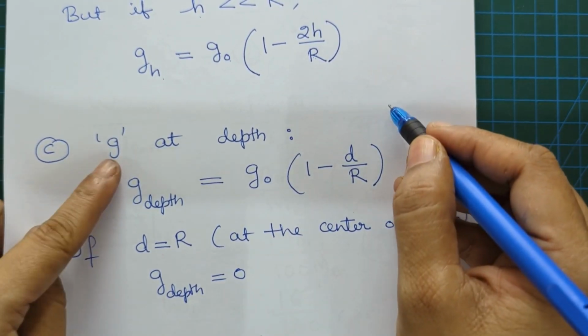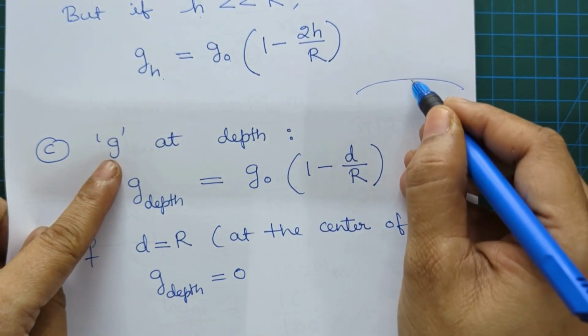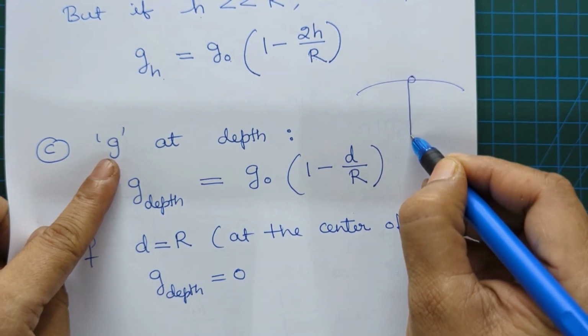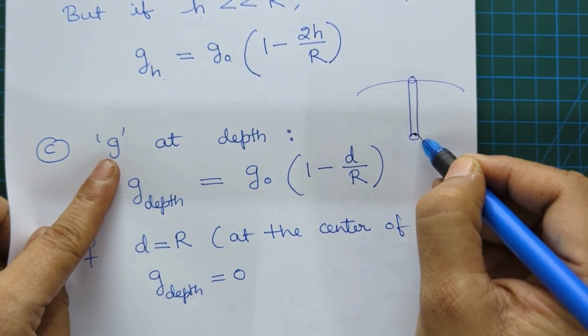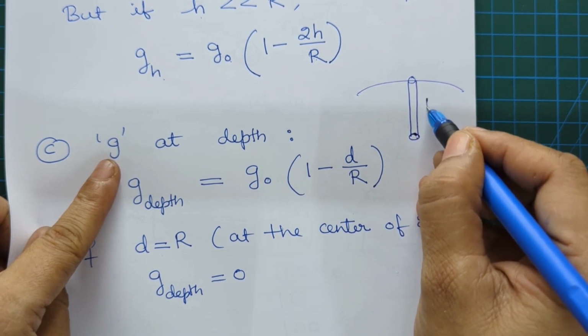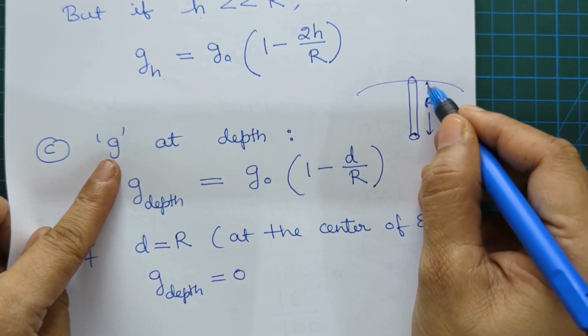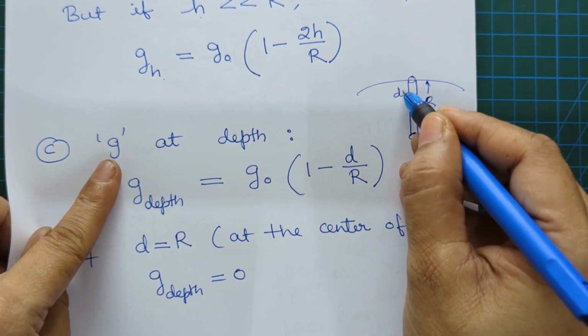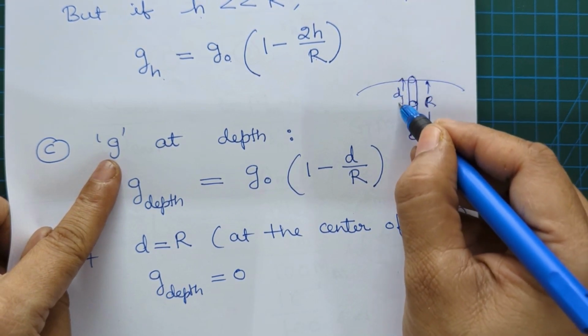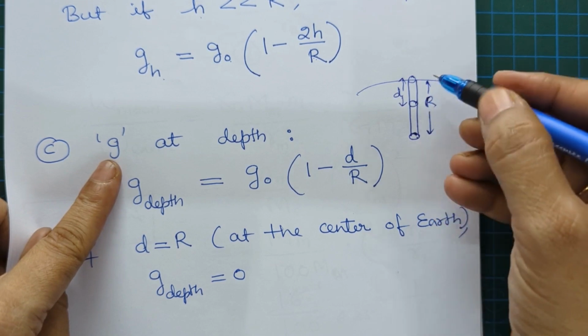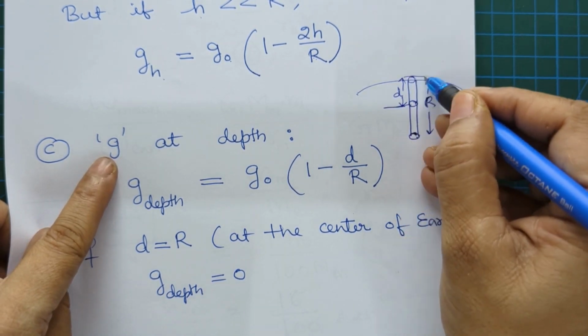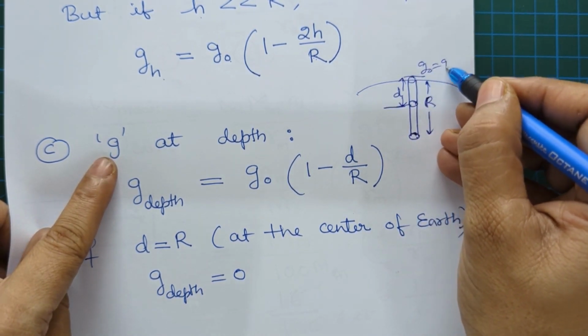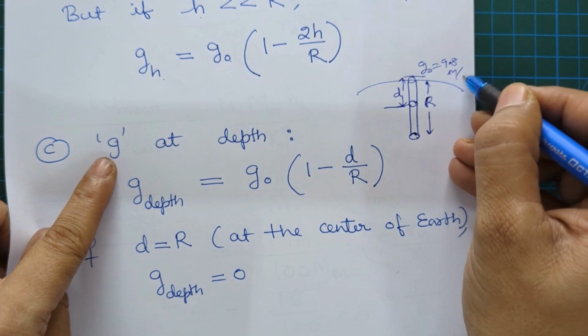Then g at depth. So this is the earth. Here some tunnel is made, and this is the center. So this is the radius of the earth. And through this tunnel, up to a depth of d, somebody dives or mines. At the surface, g naught is 9.8 meters per second square.